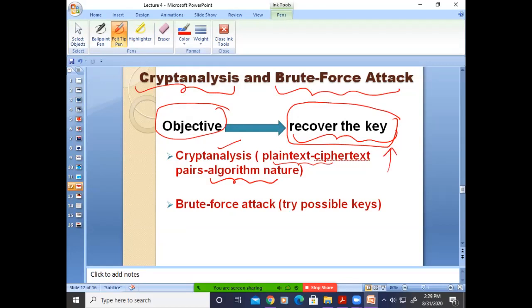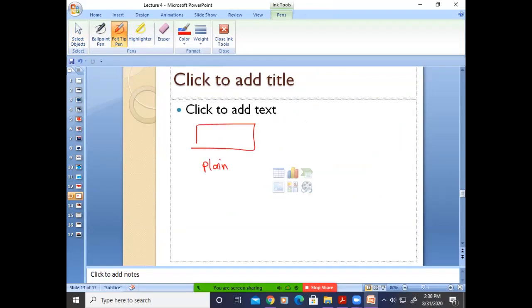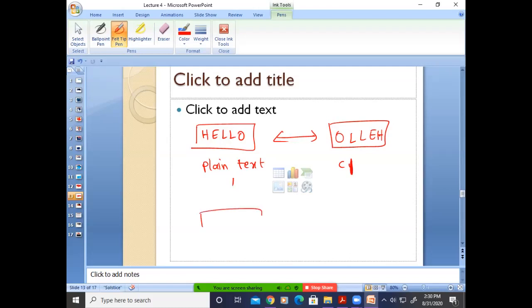I will give an example to get some clarity. Suppose this is plain text 1, hello. For this, ciphertext 1 is like OLLEH. And for a different plain text 2, suppose just my name, this is converted into some ciphertext 2.